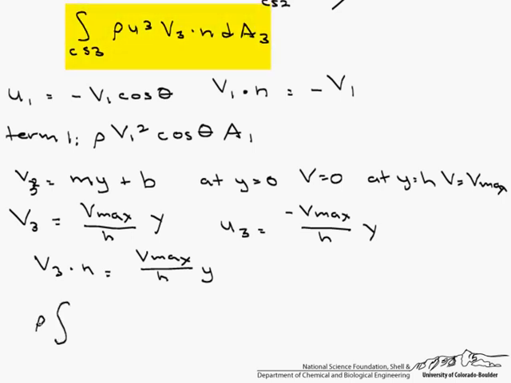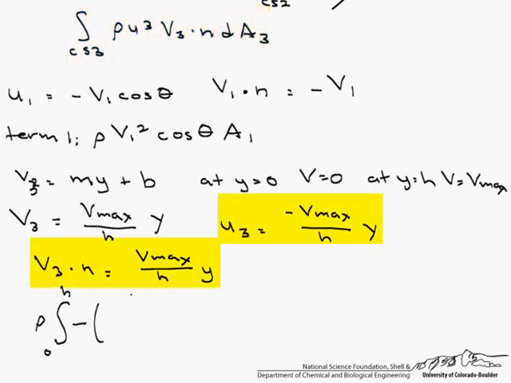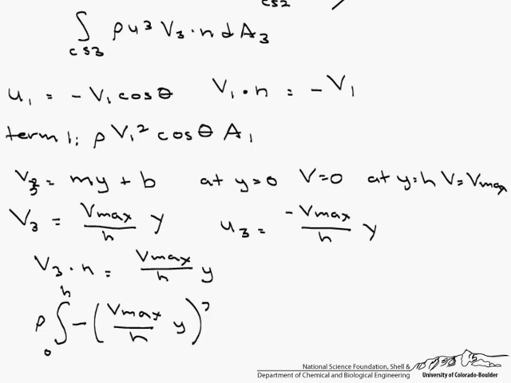So rho is constant, we can pull it out. We are going to integrate from 0 to h, minus, because we got that minus from u3, v max divided by h times y squared, w, that's our unit width, dy. So this term here is our dA3.